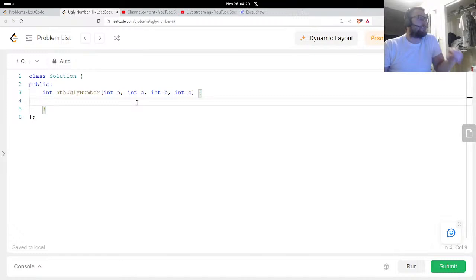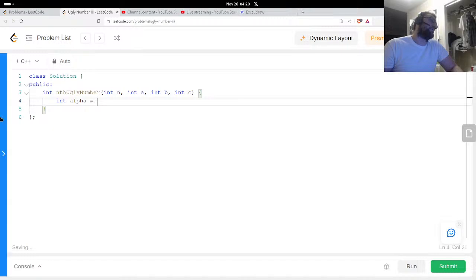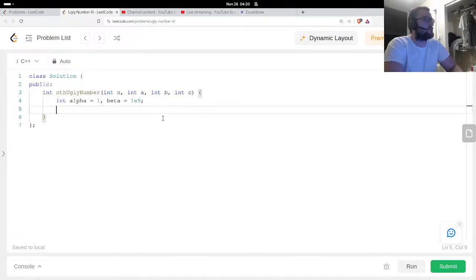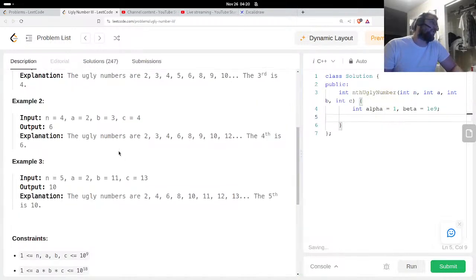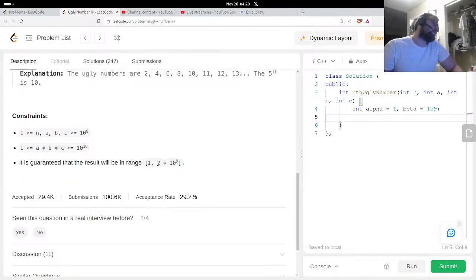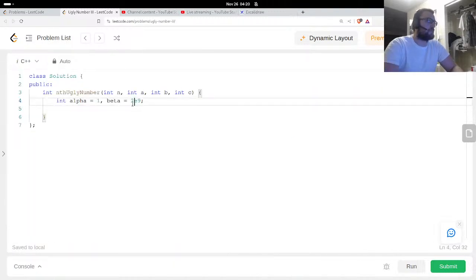Okay, so binary search it is. So we can do int, we'll say alpha is 1, beta is 1 billion, and result's going to be 2 billion. Okay, 2 billion. Let's do, yeah, that's fine.